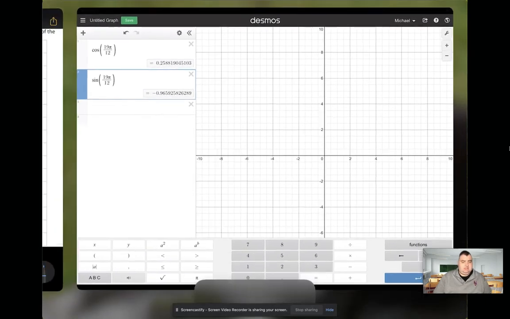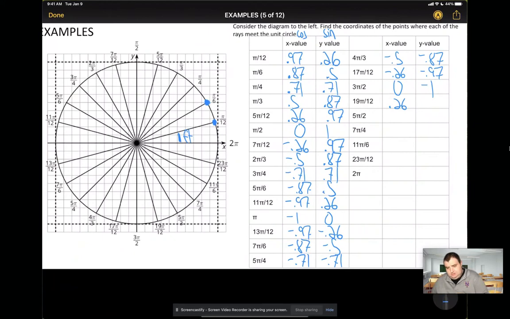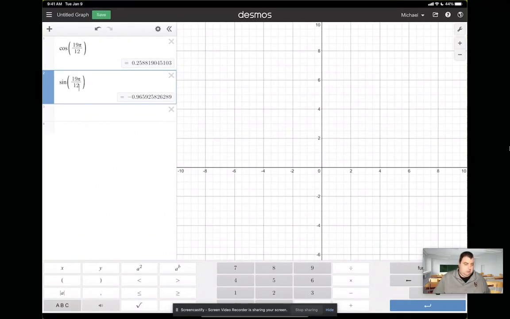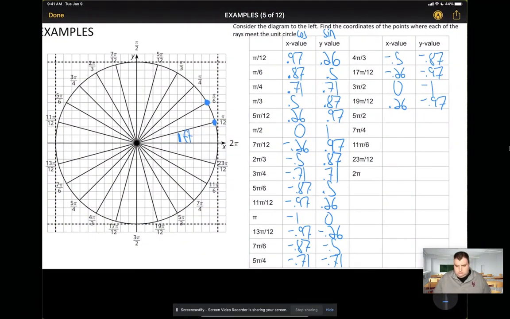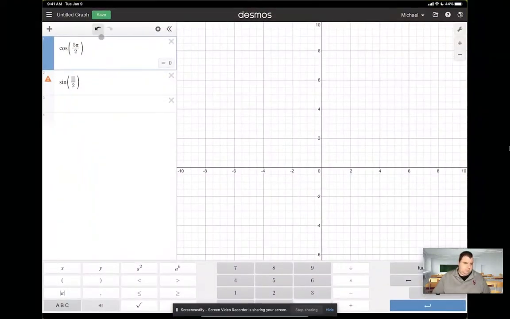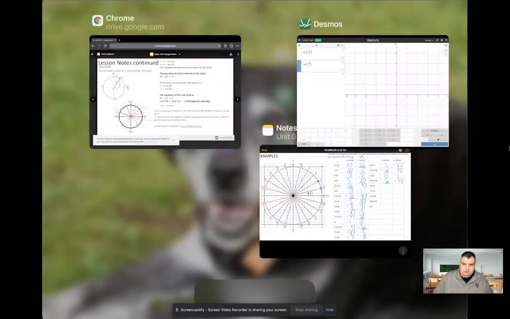So 0.26 and negative 0.97. 5 pi over 2. So that would be 0 and 1.